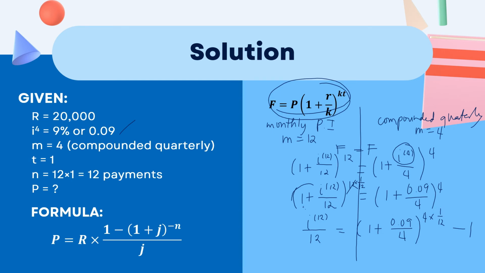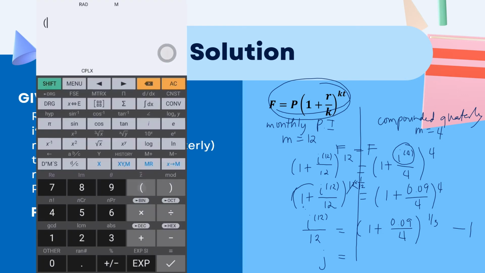Okay, 1/3 din po. 4 times 1 over 12 is 1/3. So, J is equal to 1 plus 0.09 over 4 raised to 1/3, minus 1.